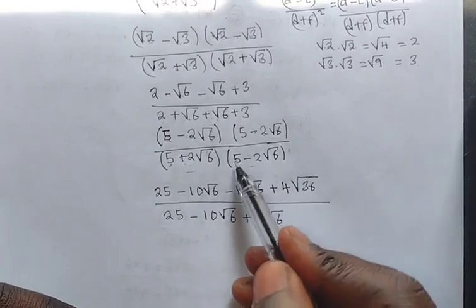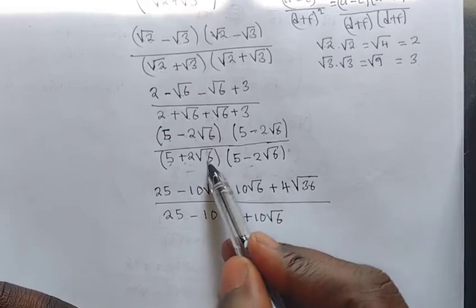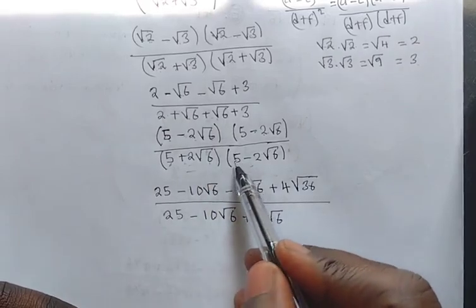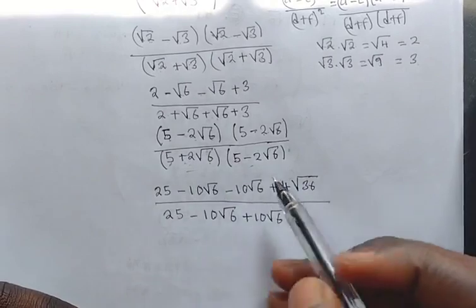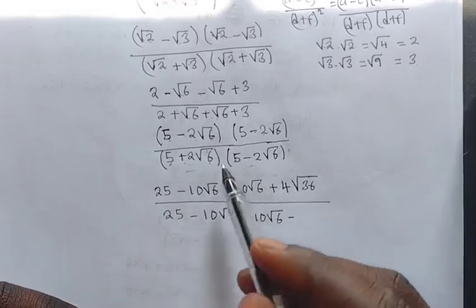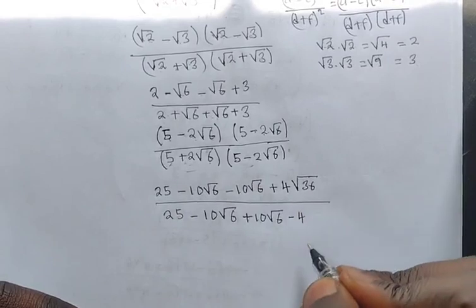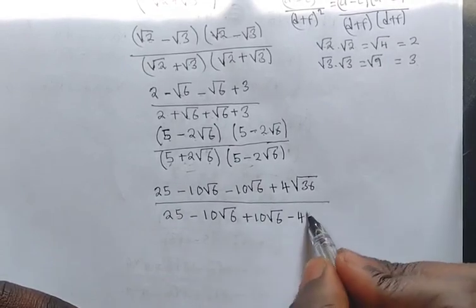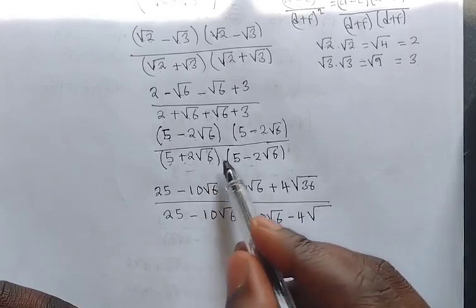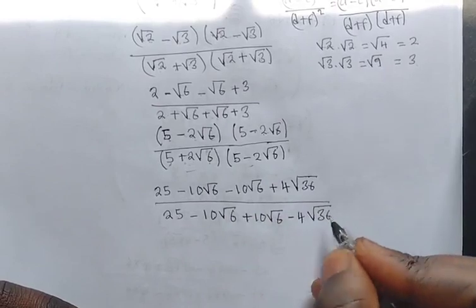Now positive 2 root of 6 times 5 will give us positive 10, then root of 6. You can't multiply 5 and 6 here inside, because this one has a root and this one doesn't have a root. So I just multiply 5 and 2. Then positive times negative gives a negative. Then 2 times 2 gives us a 4. Then 6 times 6, because these have got roots, so this will give us the 6.